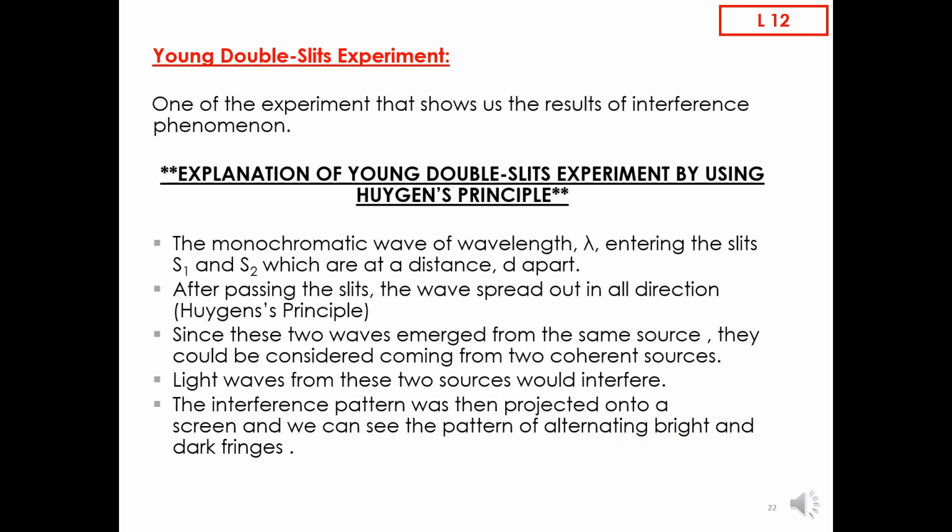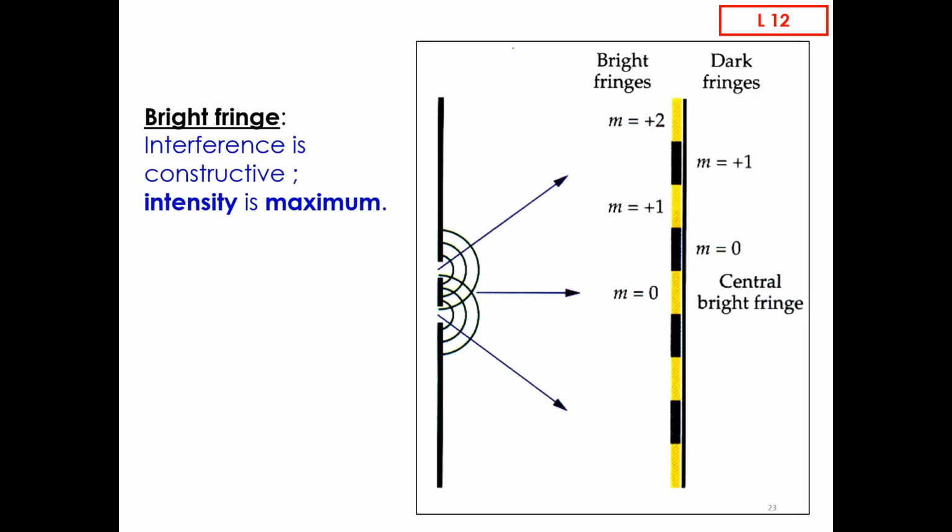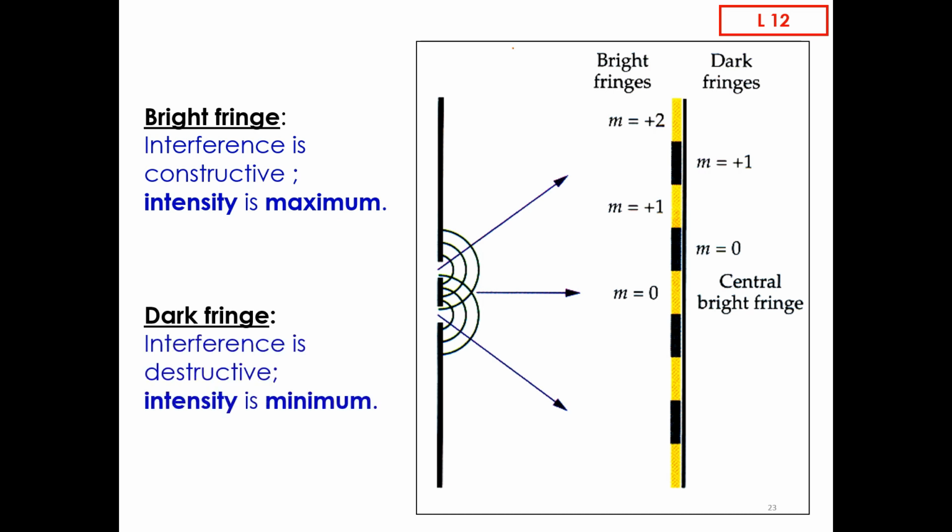Okay, next. So this is the schematic diagram for the Young double slit experiment, the interference pattern. What we can see starts with m equals 0. We call it the central bright fringe.